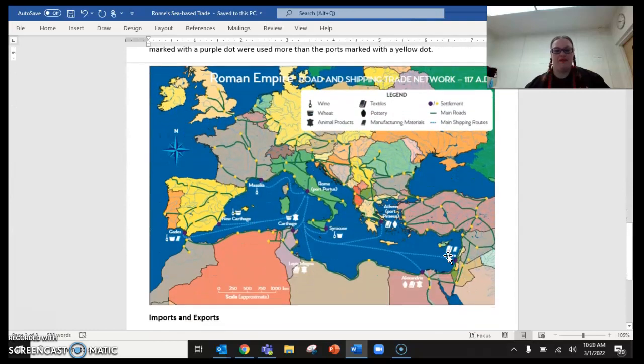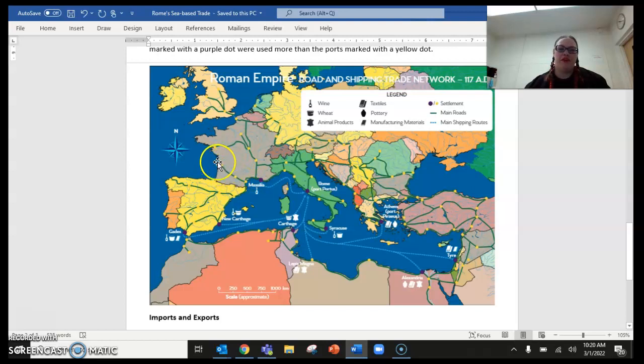yellow dot. So we've got this map and we can see the purple dots in Gades, New Carthage, Carthage, Syracuse, Athens, I think that's Tyre, Alexandria, and Rome and Massilia, right? So those are our purple ports, our ports marked with purple dots.